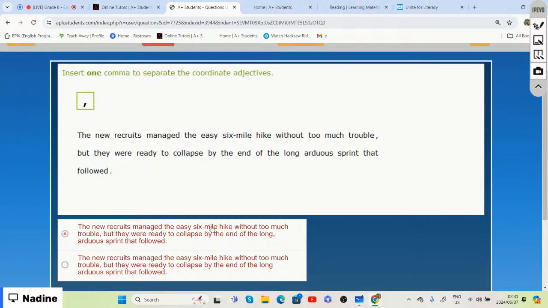It says the new recruits managed the easy 6 mile hike without too much trouble, but they were ready to collapse by the end of the long, arduous sprint that followed.